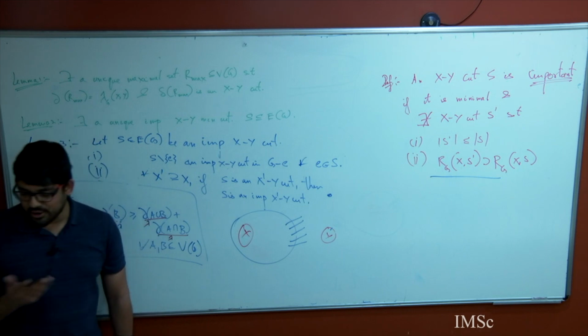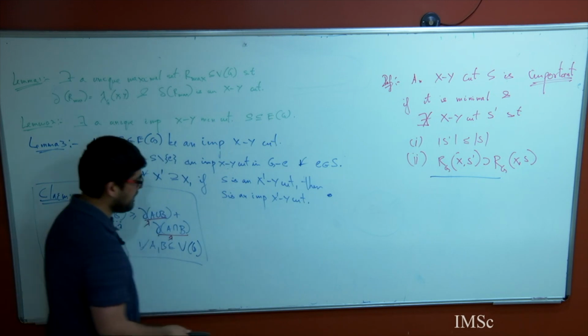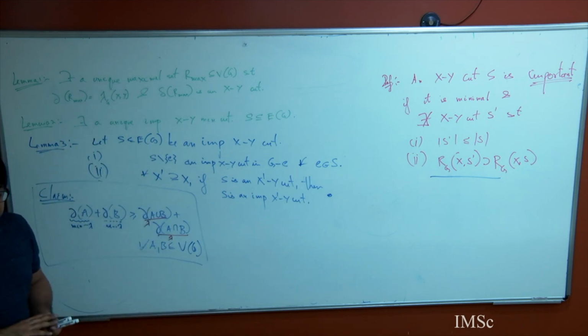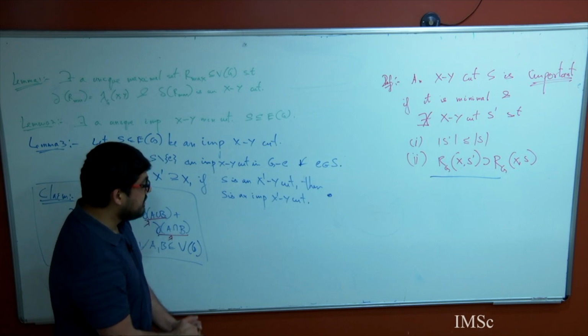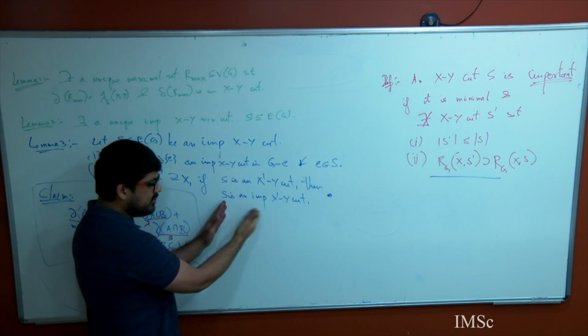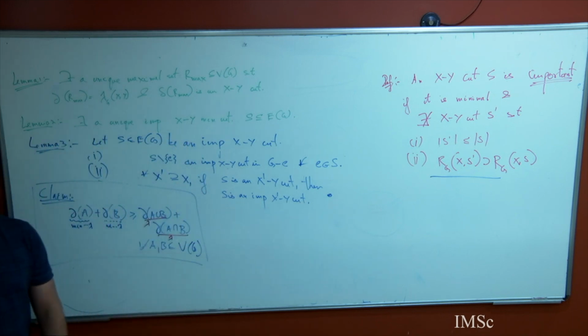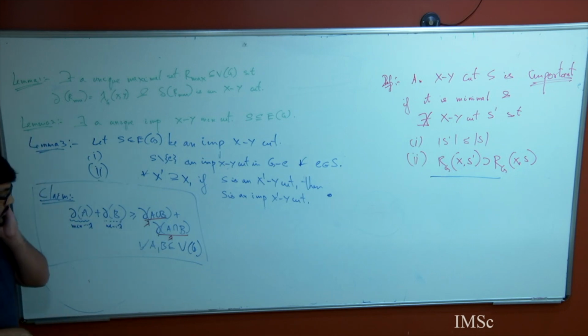I think I'm trying to find a counterexample which doesn't even exist. So let's just take a step back and ask ourselves, do we all agree here? One of the examples that I mentioned: what if there were some disjoint connected components and I take stuff from there into X prime? Well, S would still be an important X prime-Y cut, right? So that is not violated. So these two properties are very crucial for our bound, when we prove our bound. So any other questions?